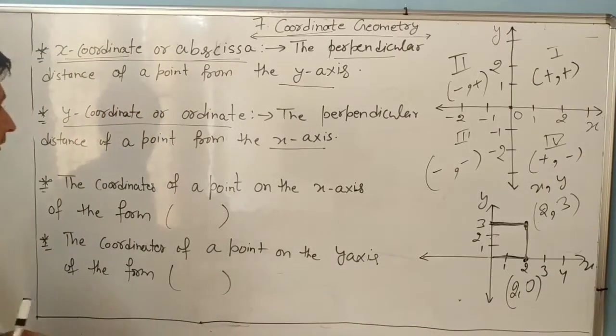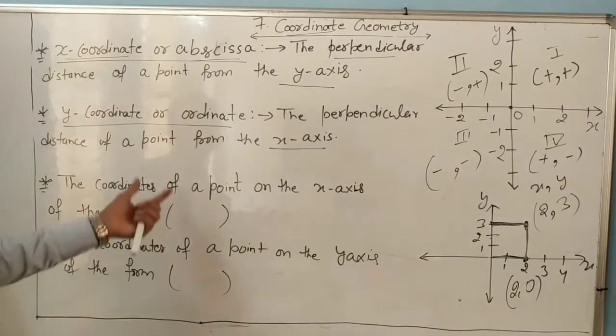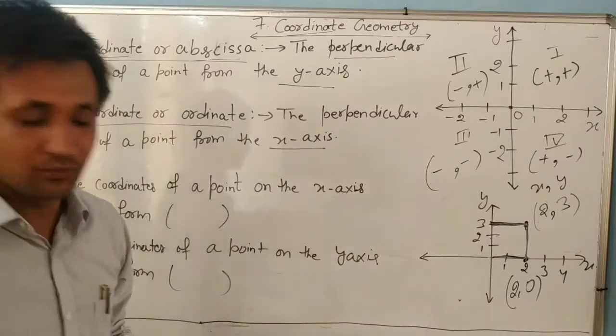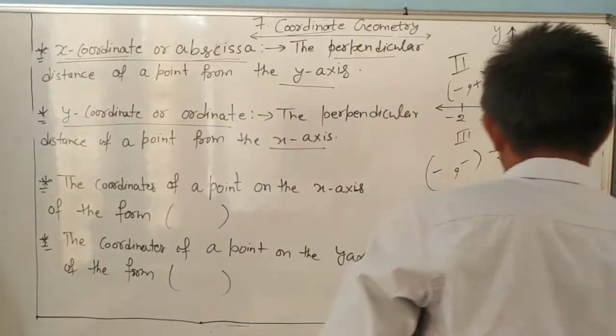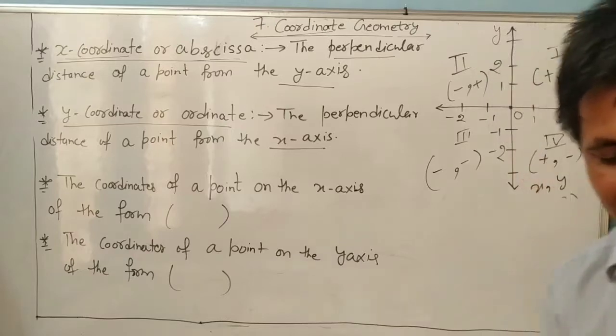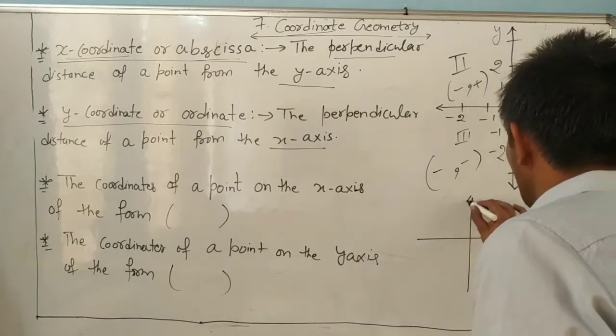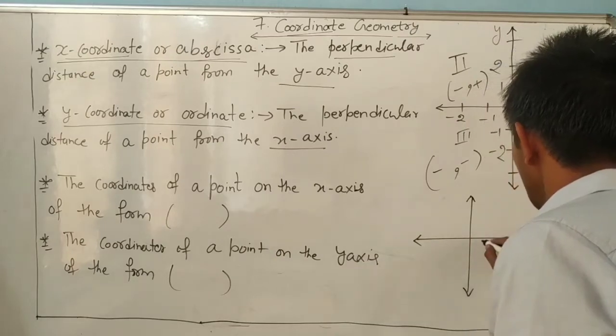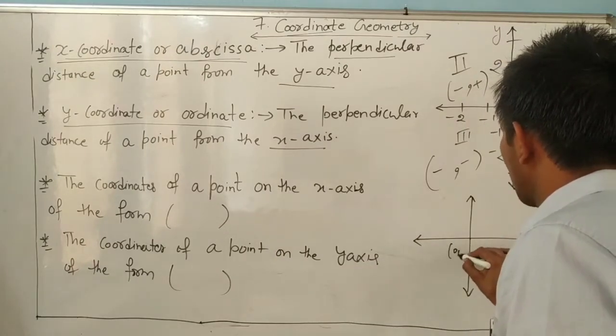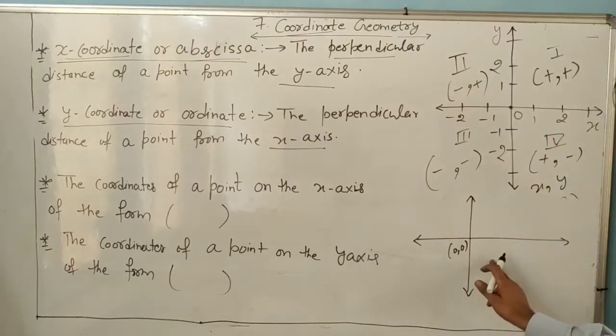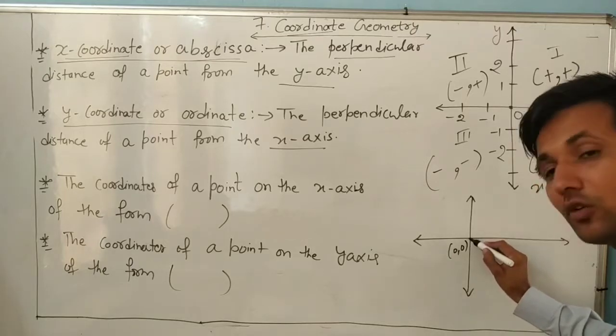Next thing is, if any point is on the x-axis, how do we find its coordinates? So very simple. Here is the origin, and the origin's coordinates are 0 and 0, because x is also 0.